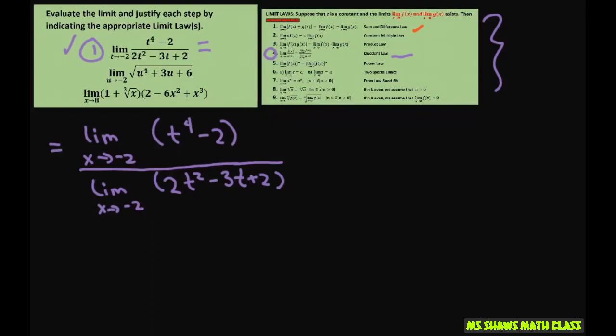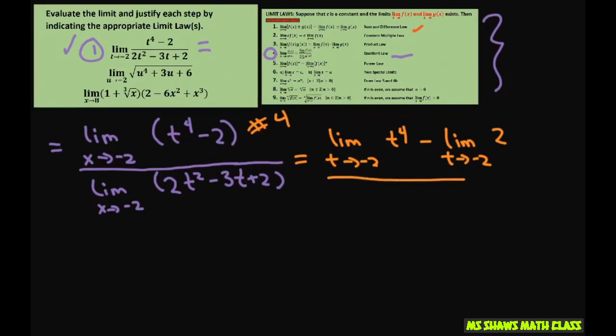All right. Now, the next law I'm going to use is our number 1. So I'm just going to split it up. So this was number 4 we used. Now I'm going to use number 1 and split it up further. So this is going to equal the limit as t approaches negative 2 of t to the 4th minus the limit as t approaches negative 2 of 2, and then divide.